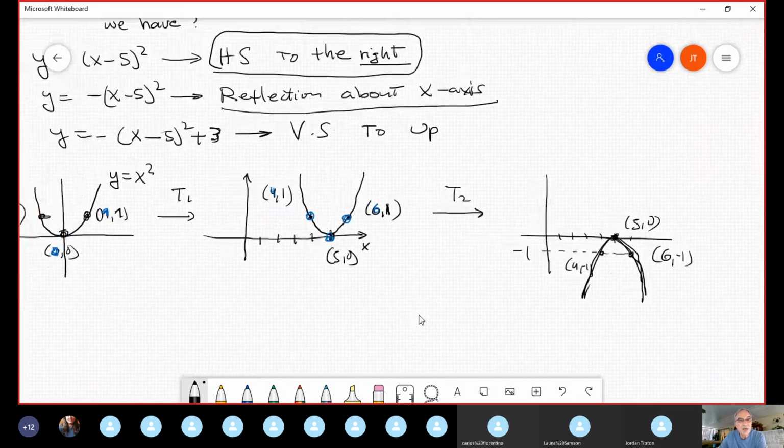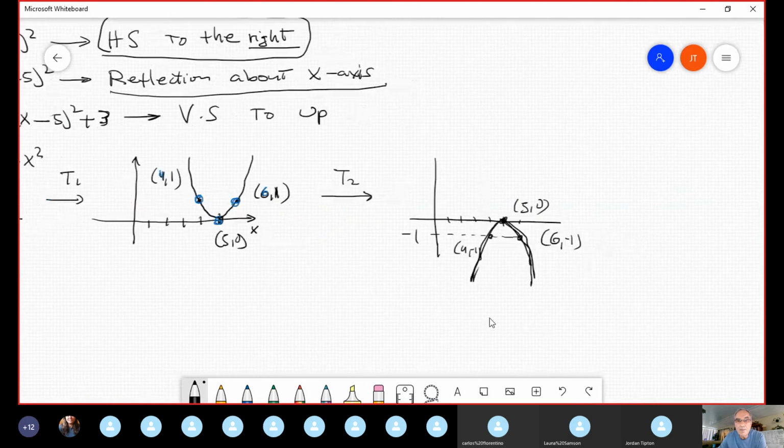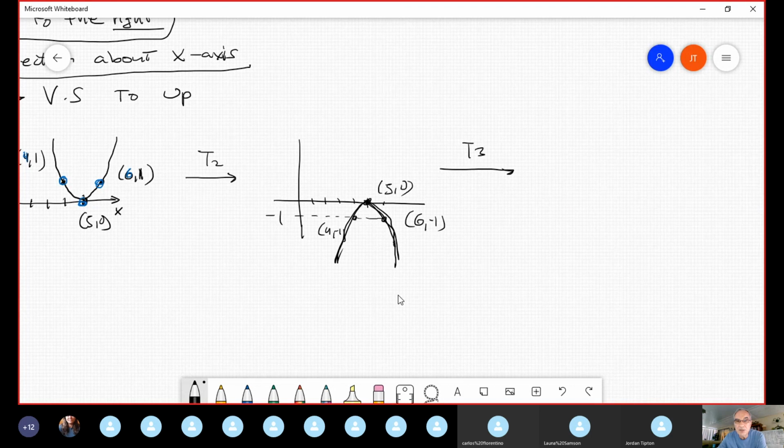Finally, we have vertical shift, no? 3 units up, point by point. The transformation number 3 is now vertical shift up 3 units. Therefore, point by point, you transform it. This point (5,0) now would be (5,3). 1, 2, 3, 4, 5, and 3.